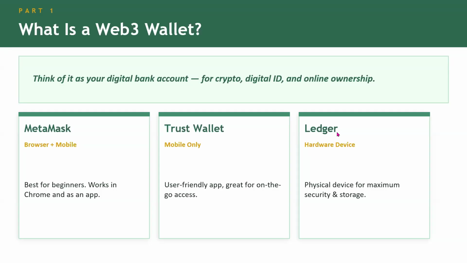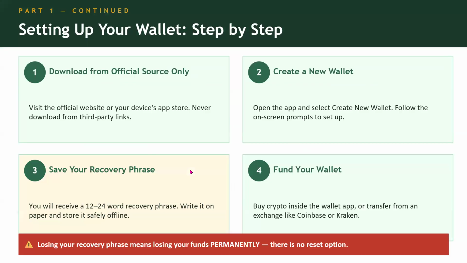And then you have Ledger, which is a hardware device. It's a physical device for maximum security and storage. Okay, now let's go into setting up your wallet step by step. Step one.